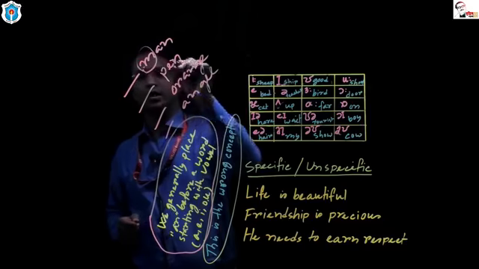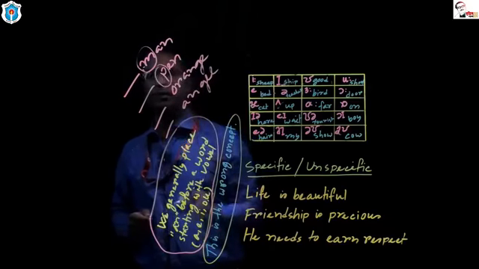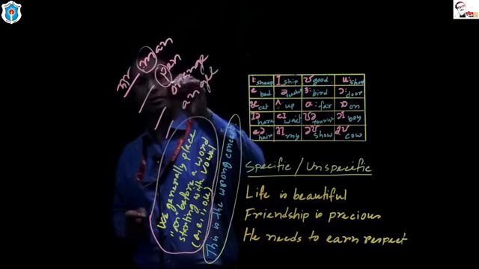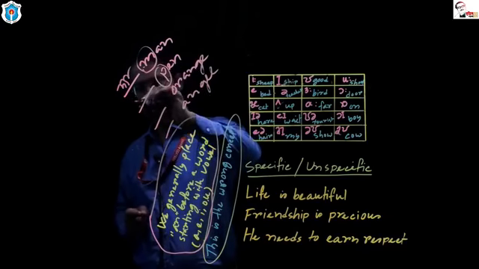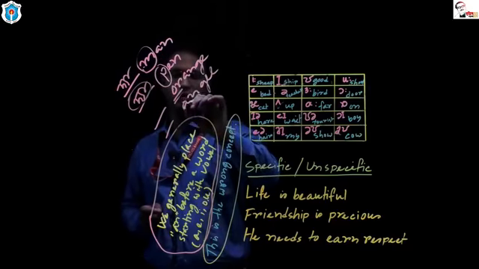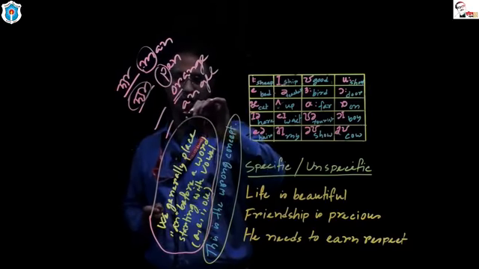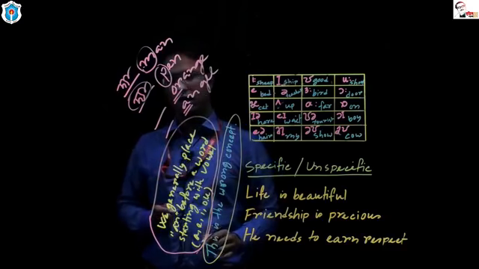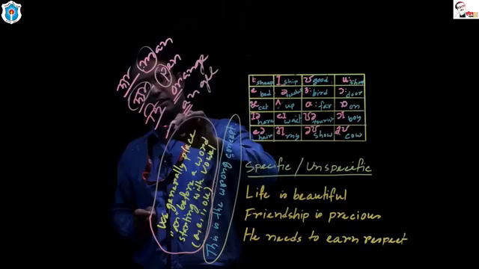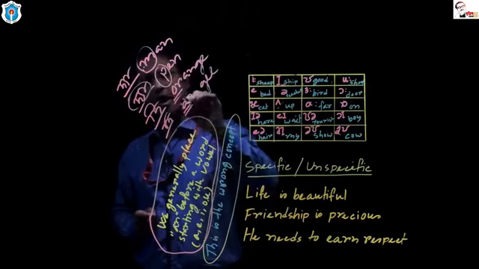Here is a consonant sound M, here is a consonant sound P. That means the man, the pen. Here is vowel sound O, here is another vowel sound A, that means the orange, the angel.